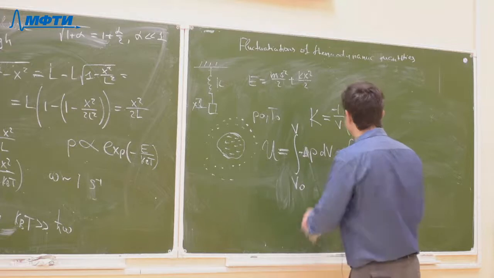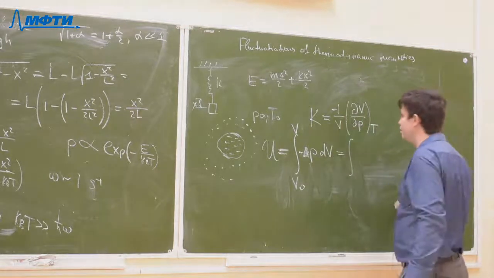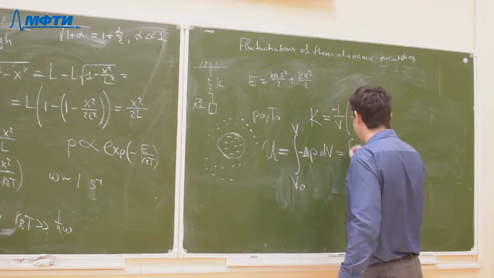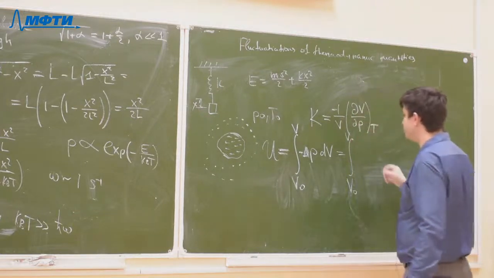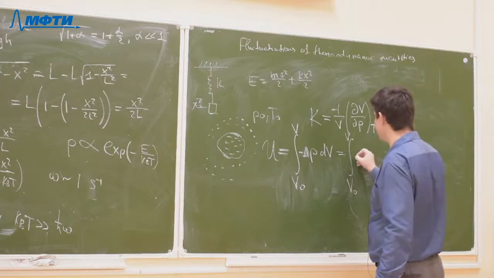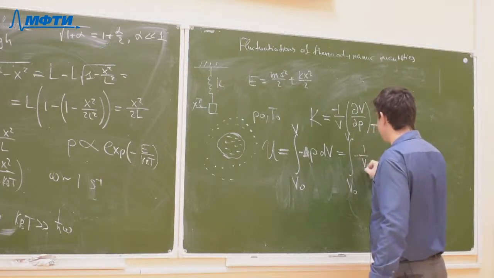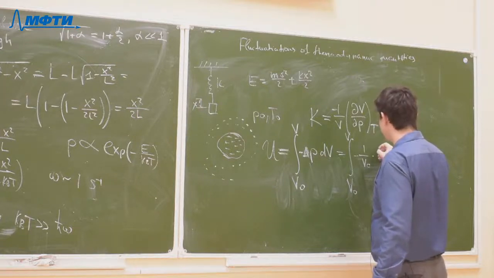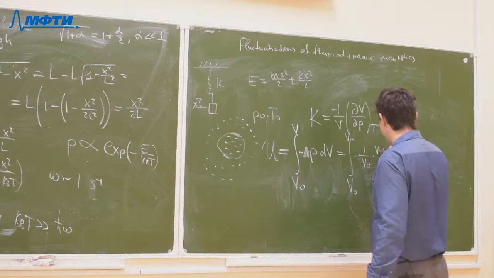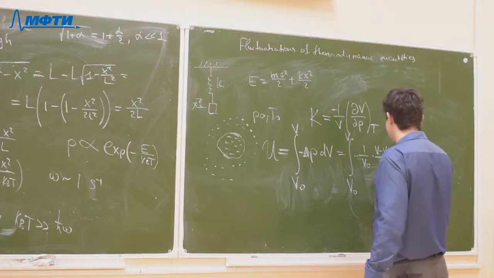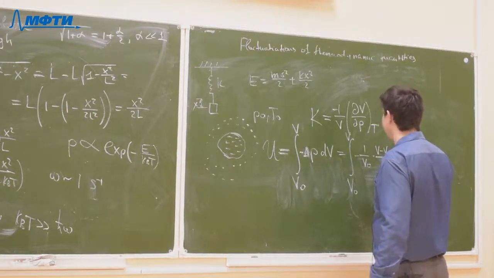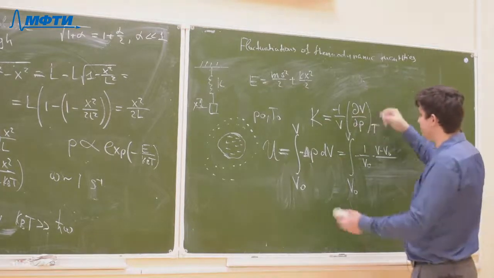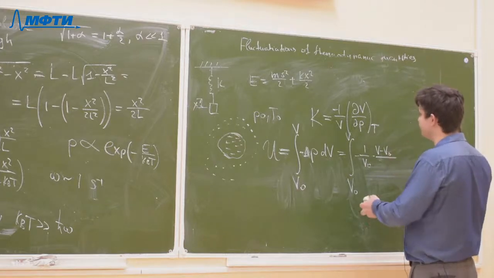Okay. Then according to this compressibility coefficient, my delta P as a function of volume can be found as minus 1 over V0 multiplied by V minus V0. Here we apply external pressure and see how the volume has been changed.